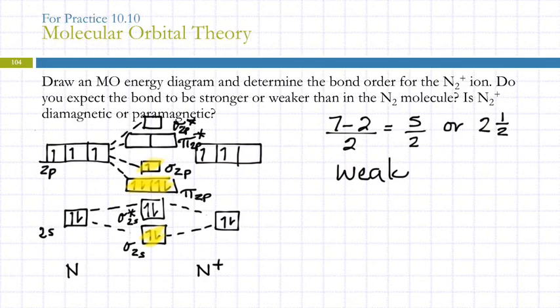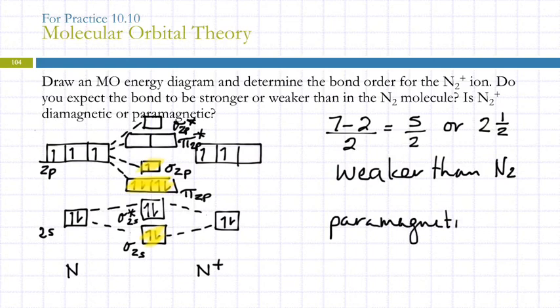So this is weaker than N2. Is this diamagnetic or paramagnetic? It's paramagnetic. It has 1 unpaired electron. Nitrogen doesn't. But this one has 1 unpaired electron, so it's paramagnetic. It will be attracted to a magnetic field. Questions?